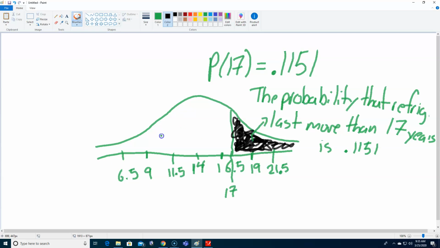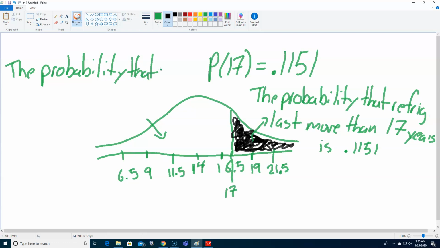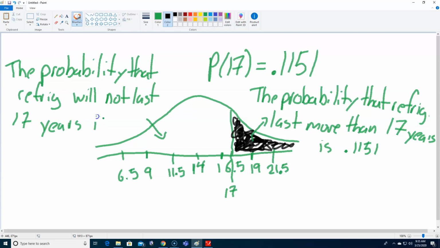Now we're going to have the white side by saying the probability that a refrigerator will not last 17 years is, and let's do the complement of that, is 0.8849.